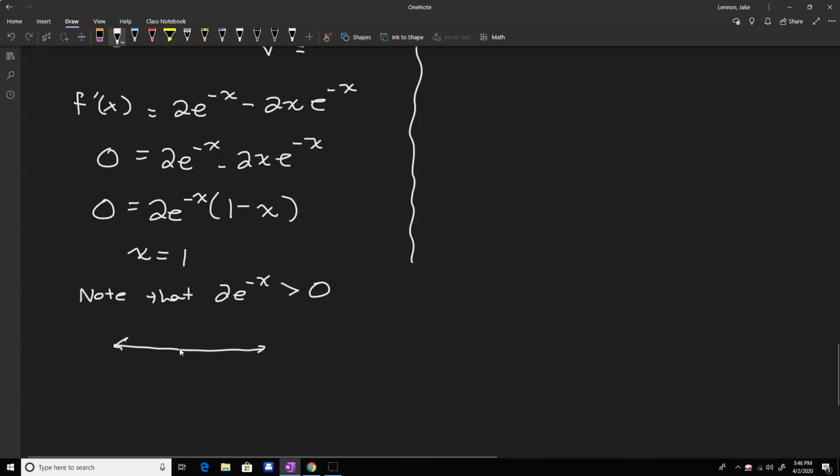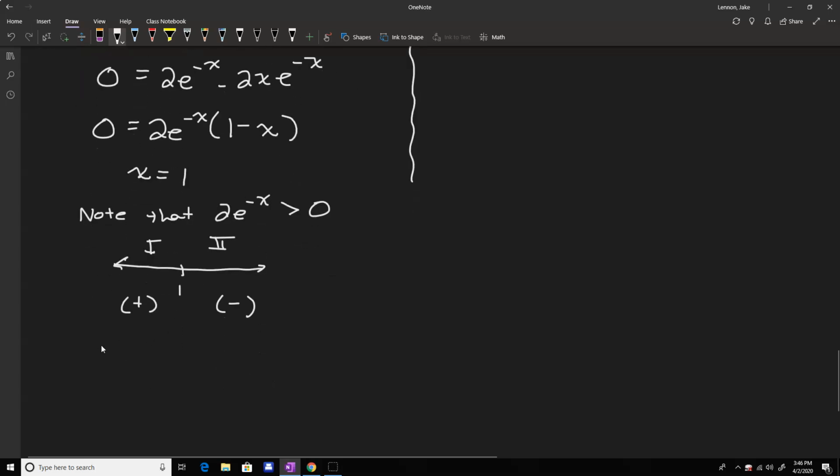So if you test at 1, we'll end up getting f prime, so region 1 and 2. Sometimes you'll see people just make the sign, so we end up with positive first derivative on this side and negative first derivative on this side.